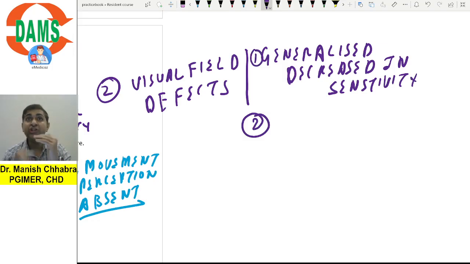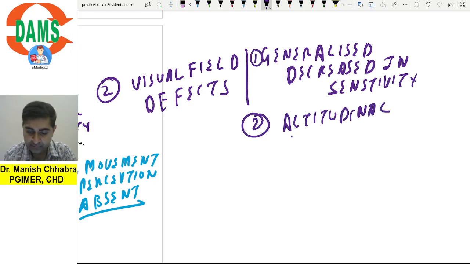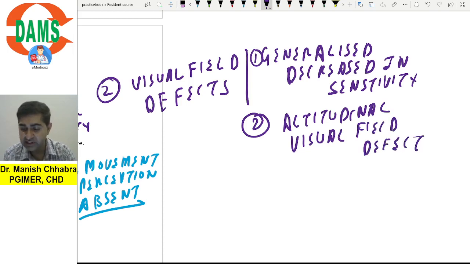There can be an altitudinal visual field defect. Altitudinal means either on the upside the patient will not be able to see, or on the downside the patient will not be able to see.